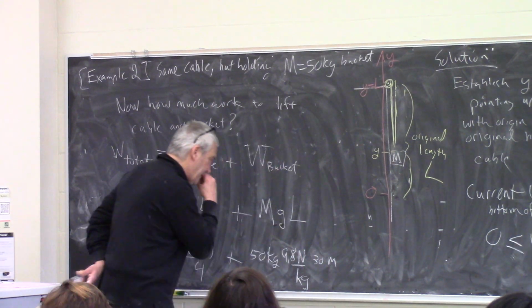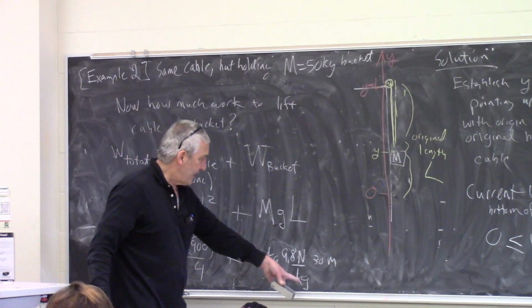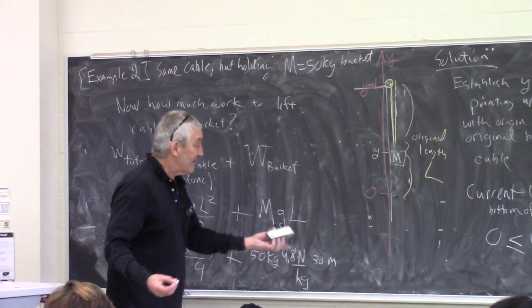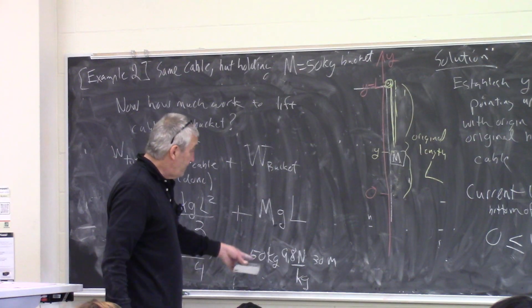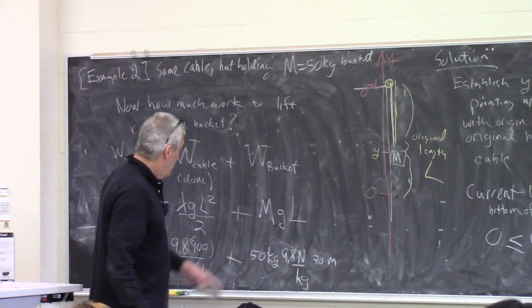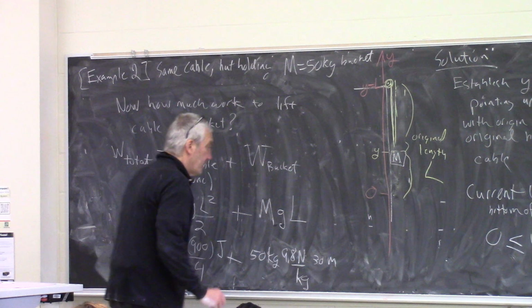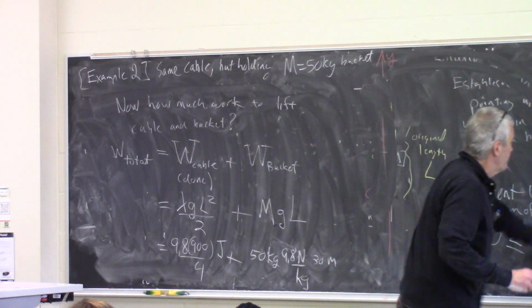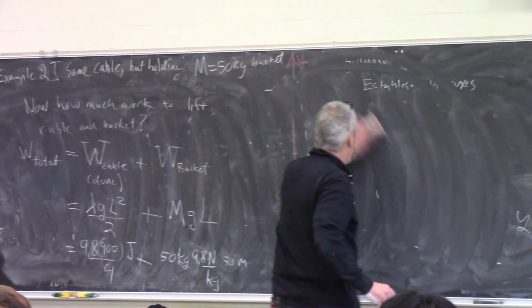So let's check the units. Kilograms cancel kilograms. I end up with newton meters. That's joules. So over here I had joules. So I end up with 50 times 9.8 times 30 joules.